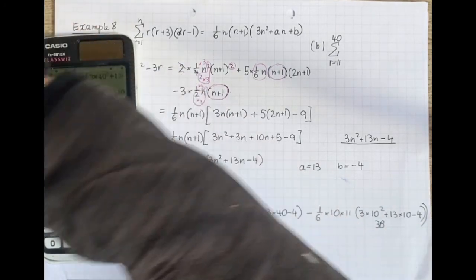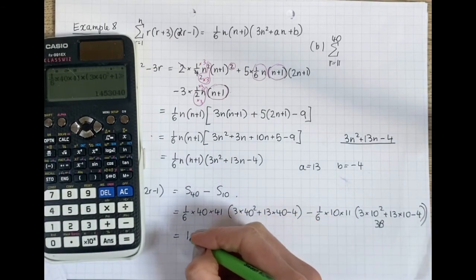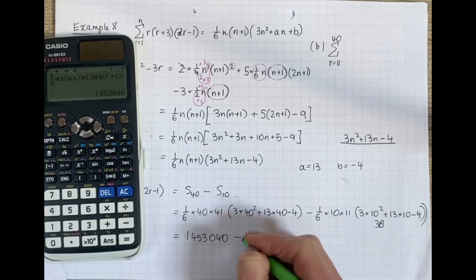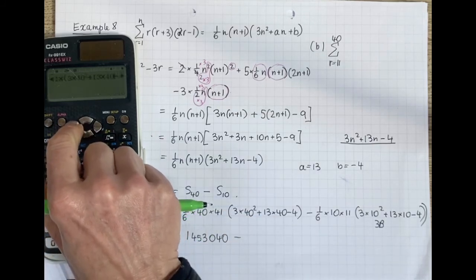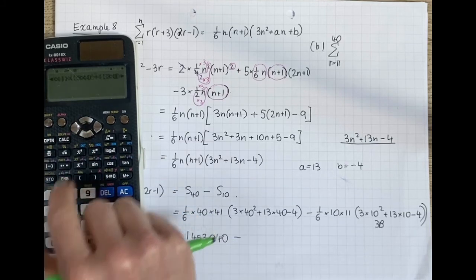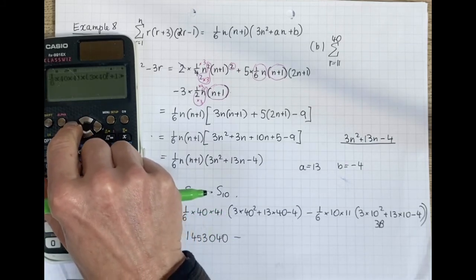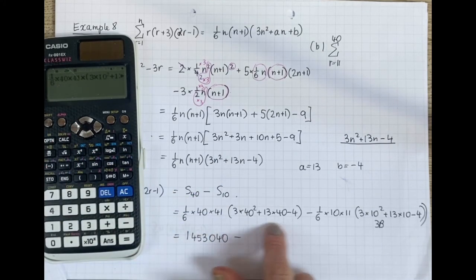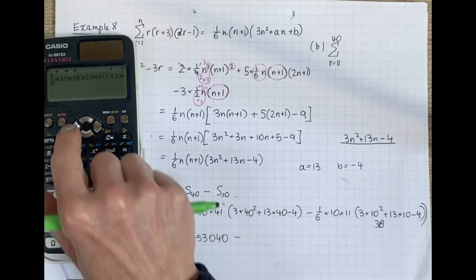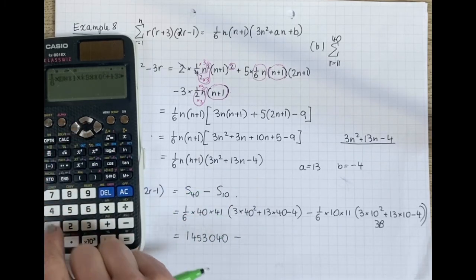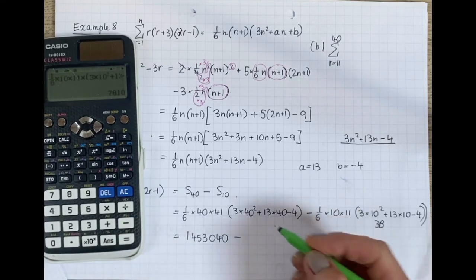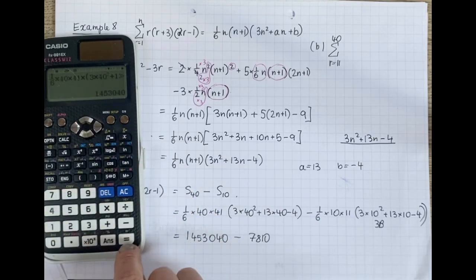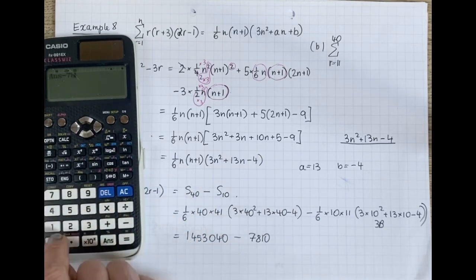So 1,453,040 minus, I'll just go back and change those 40s to 10s. This one will go to 11 and this one to 10. Okay, so it's 7,810. So I've got this, take away 7,810.